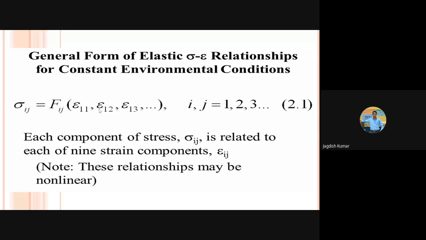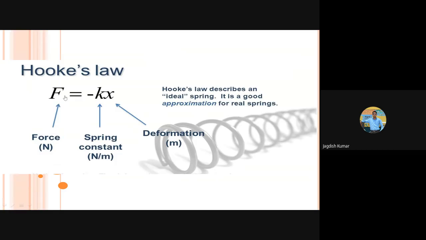So that linear case is a very simple and trivial case. In the case of real materials, we have to generalize this, and this can be seen as a general form of Hooke's law. Hooke's law actually relates stress to strain. What is stress?